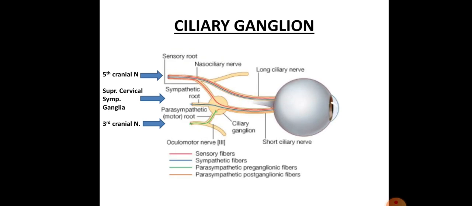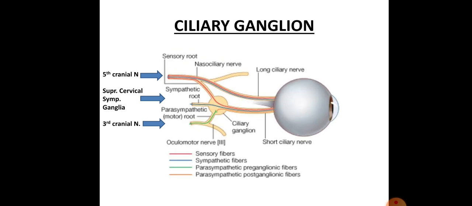The sensory root is derived from fifth cranial nerve through the nasociliary nerve. The sympathetic root, it is derived from postganglionic fibers of superior cervical sympathetic ganglion in the neck. They first encircle around internal carotid artery and then reach the ciliary ganglion.